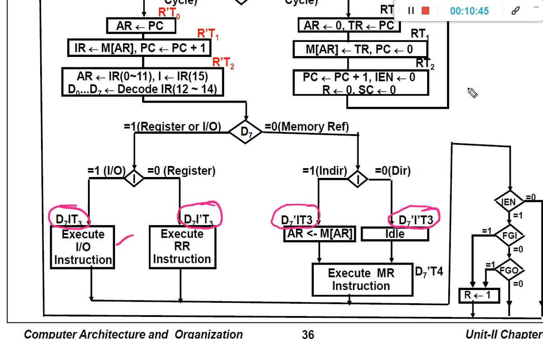To remember these codes easily, let us find out a way. Based on the values of D7 and I, we are going to bifurcate.